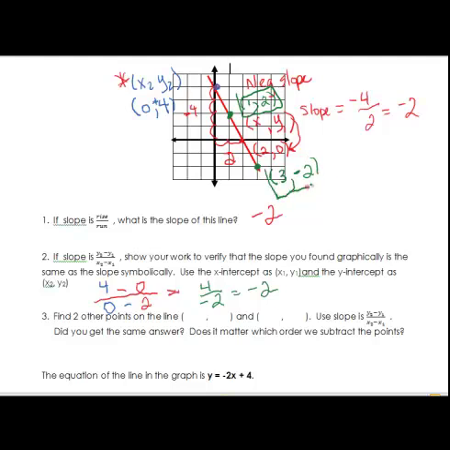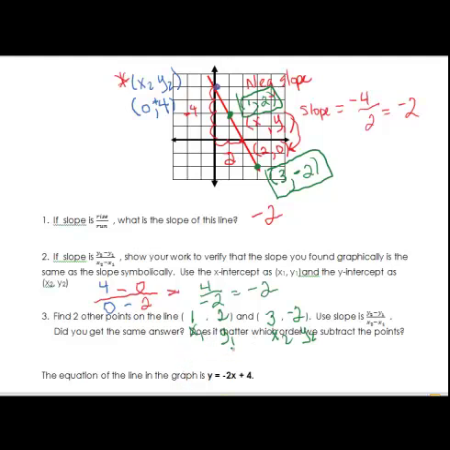Now use the slope formula again. So we'll just let this be x1, y1, and the other one be x2, y2. It doesn't matter. We could switch them and say that these are the x2 and y2. You just have to choose which point you're going to start with.